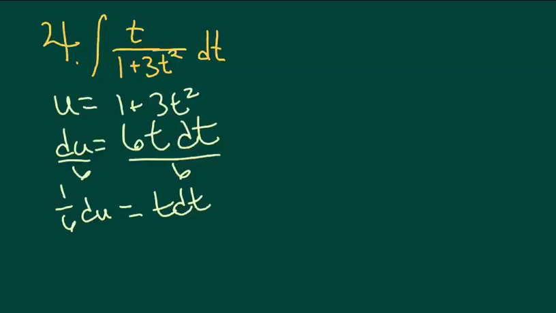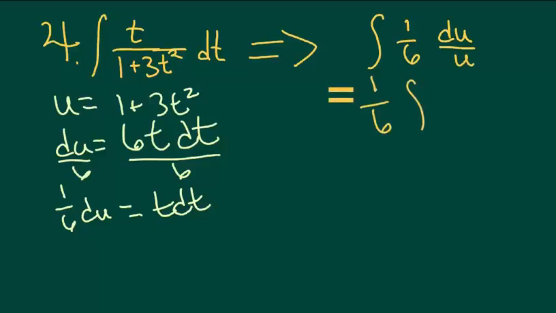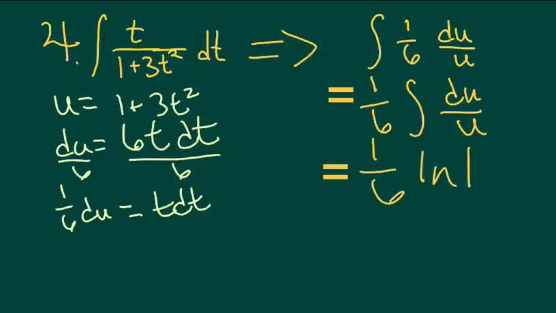So now you substitute, and you wind up with the integral of 1/6 du over u, and you can just pull out the 1/6 from that, have 1/6 times the integral of du over u, and then integrate to have 1/6 the natural log of u.